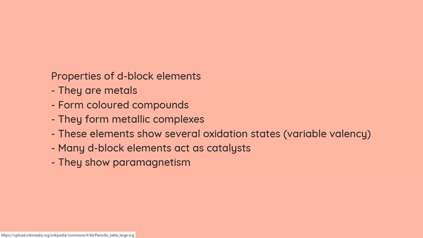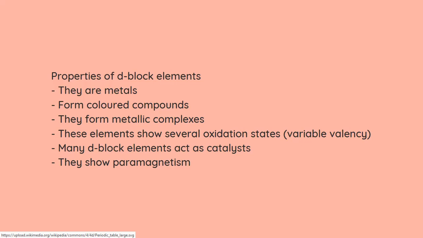Now the properties. First of all, they're all metals and they are colored compounds. In fact, you have a separate topic called complex formation, or I think it's coordination chemistry, which deals with such compounds. The colors of the compounds they form are quite beautiful.